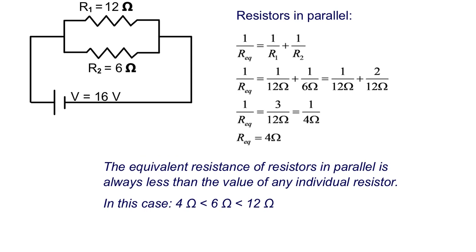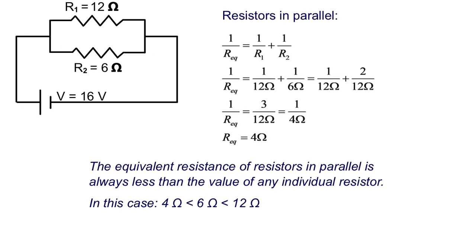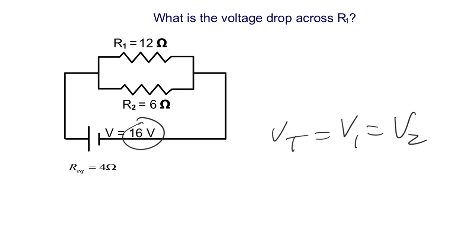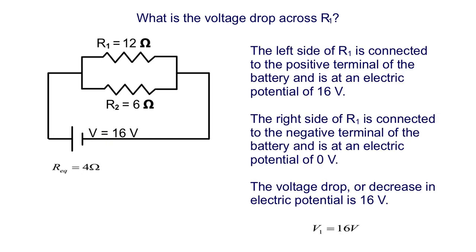Okay, so they just did what I showed you. They actually did common denominators, but you can do this on your calculator without doing any math. So my answer would be 16 volts, because that's what the total voltage is. My answer, they got it.